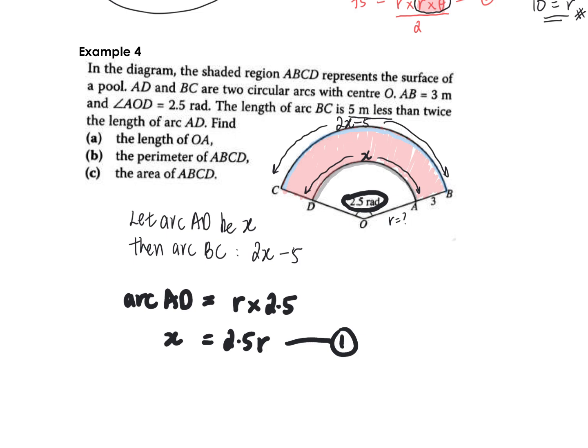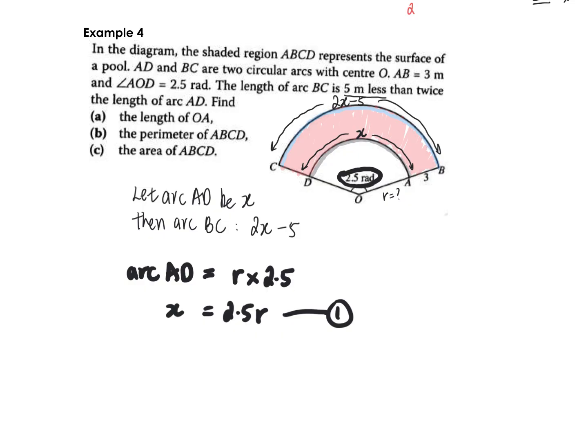Sometimes it doesn't look like it's going to lead you anywhere, but we will just leave this as it is first. Then we move on to the second info. Arc BC. So BC now, it's R, the longer one, times theta.